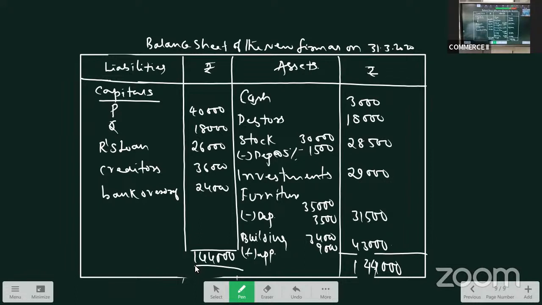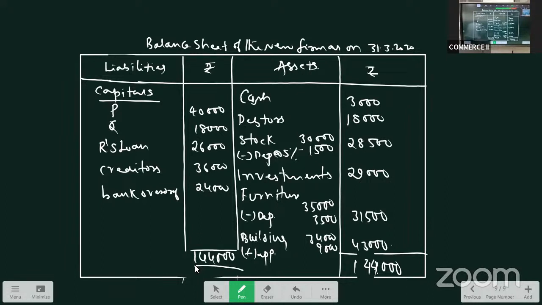Then there is one last problem based on this method, and then we have to take up the next topic, that is consignment. So we'll do the last problem on this method, that is question number 11.